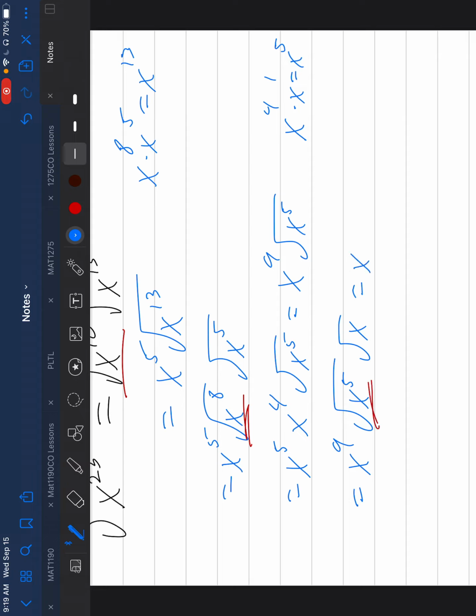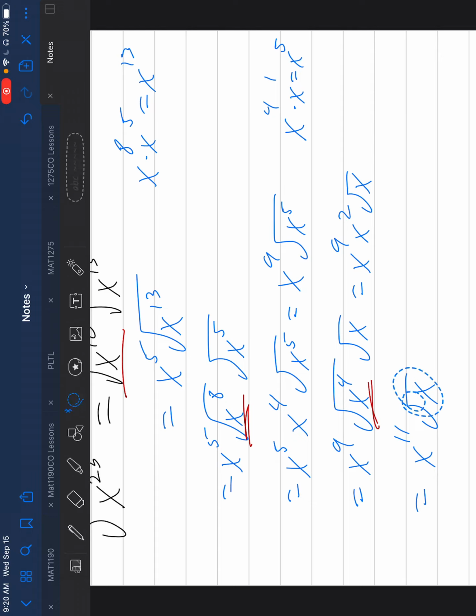So that's going to equal x to the 9th, x to the 2nd, radical x. And that's going to equal x to the 11th power, radical x. And can we split this up? Can we write out any factors? No, because it's x to the 1st power, so it's just 1 times x to the 1st power.